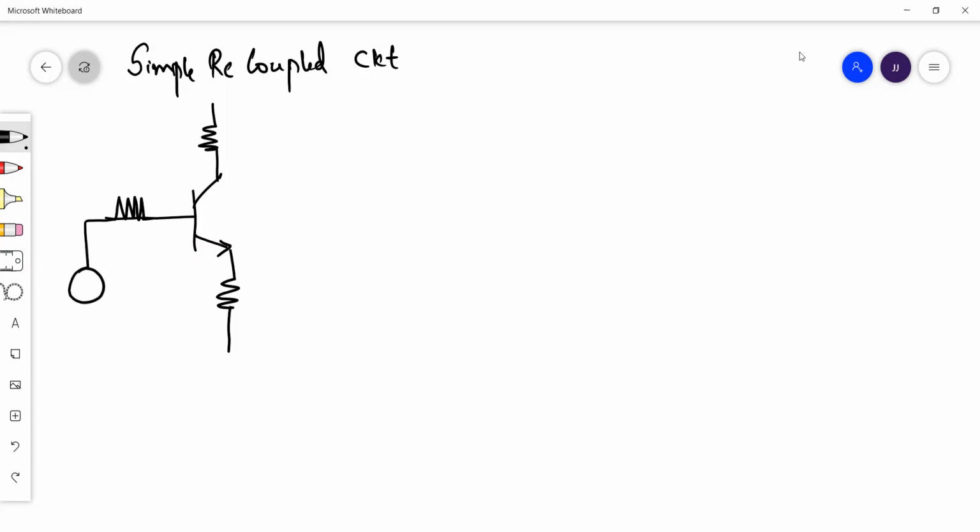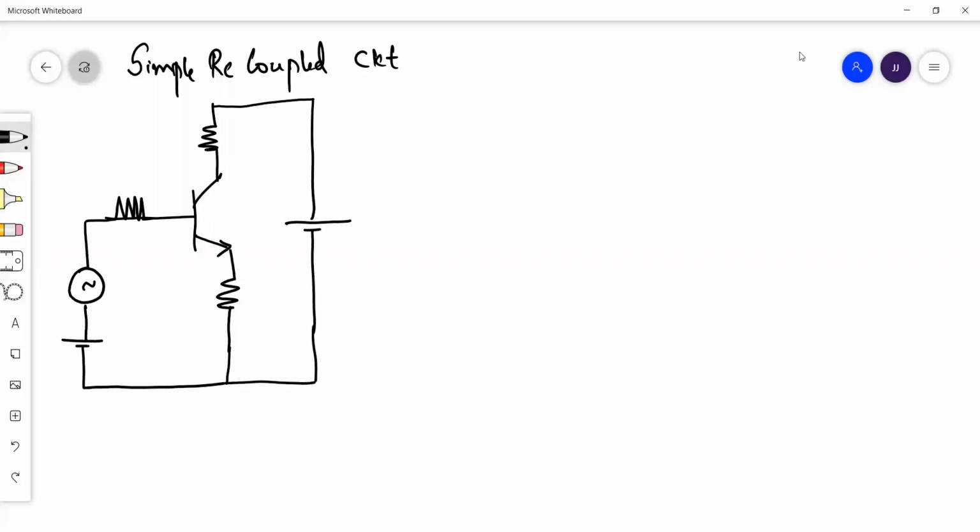An input is there. Next, a voltage is there, and another voltage is here. I am calling this VCC. This is the AC signal, the input AC signal. This resistor is RB, this resistor is RC, this resistor is RE.